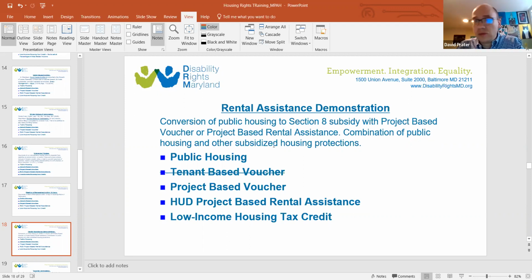So the intent of Congress was to preserve public housing rights, but also to allow private entities to invest in the capital needs of public housing. And so this is a federal program that Congress came up with to help do that.